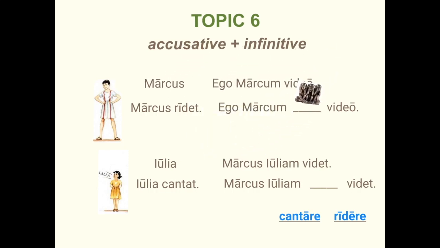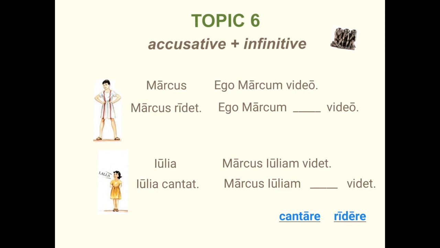Let's take, for example, a sentence that we're already quite familiar with. Here we see Marcus, okay? If I wanted to express the fact that I see Marcus, I would say ego Marcum video, okay? But now what if Marcus is laughing and I want to say that I see Marcus laughing? How would I do that?